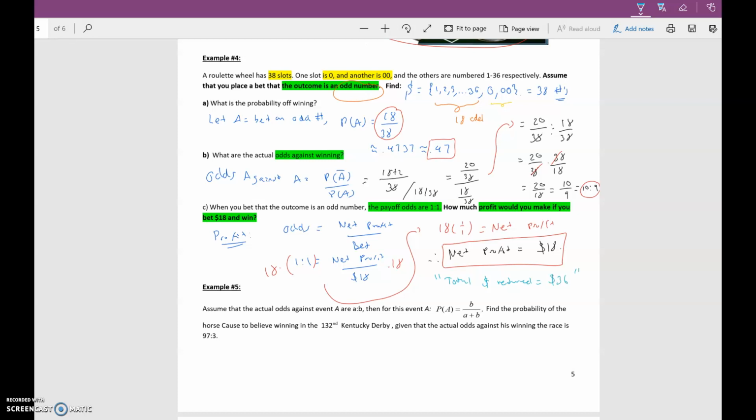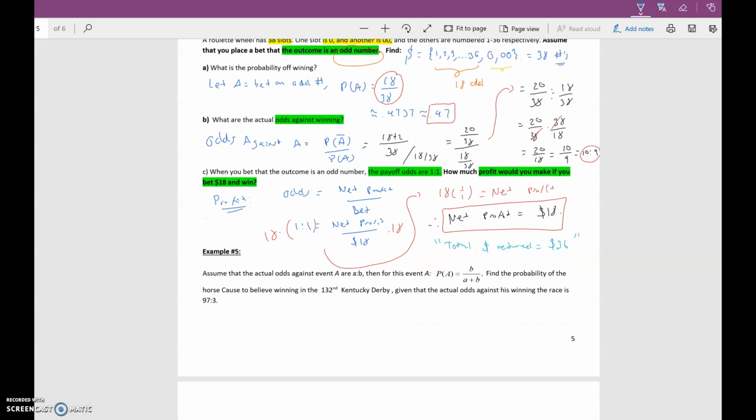They're not asking for that, but they could give you a problem where they trick you a little bit in this form. Net profit is 18, but they give you the profit of 18 and then your original $18. It feels like you make 36, but you only made 18.